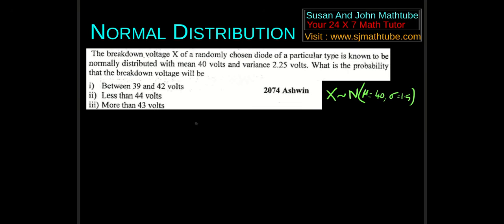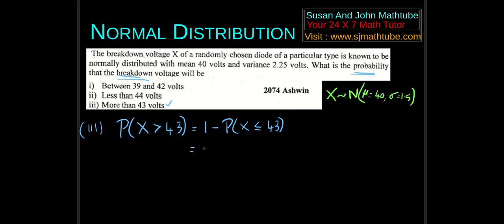In the third part, they're asking what is the probability the breakdown voltage is more than 43. So just like the second part, I'm going to write probability the breakdown voltage, which we denoted by X, is greater than 43. Look at this, when you have the sign greater than, immediately convert it into less than or equal to by using this property.